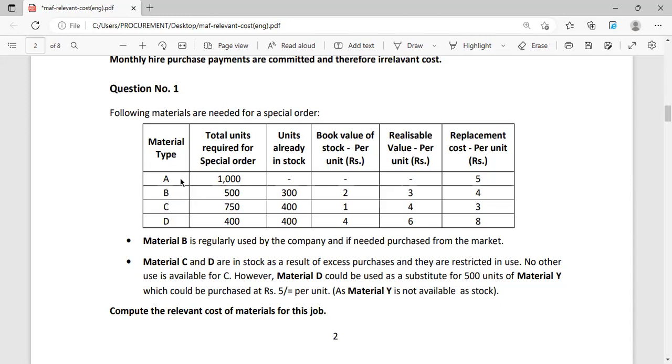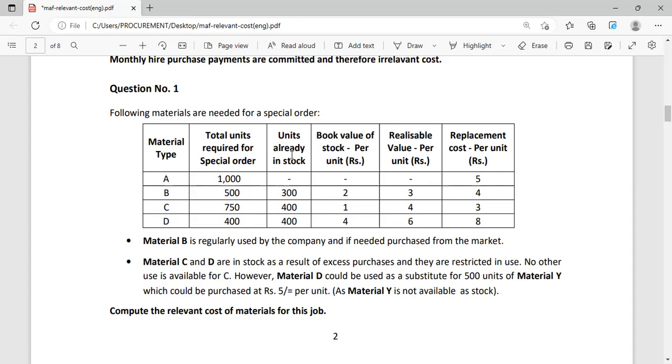We have different material types: material A, material B, C, then D. Total units required for the special order: you need 1,000 of material A for that particular order, 500 of material B, 750 of material C, and 400 of material D.